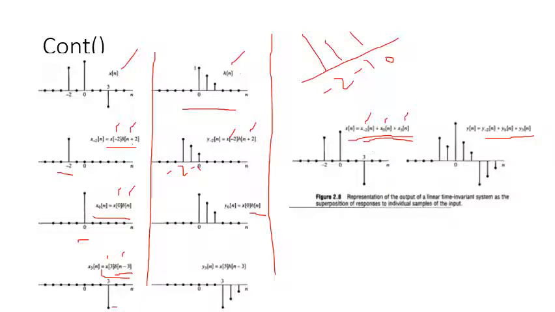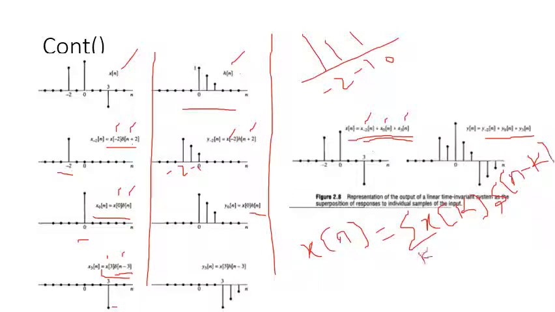So ultimately what we have done is x of n equals the summation of x of k delta of n minus k, k equal to minus infinity to infinity. So this is shifting at the input, scaling at the input, and addition at the input.